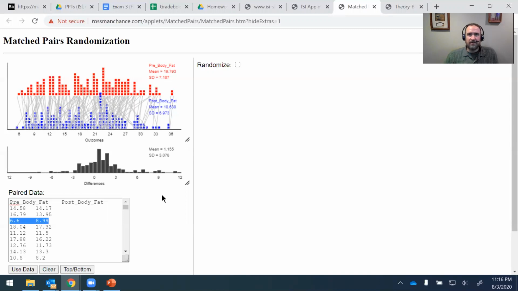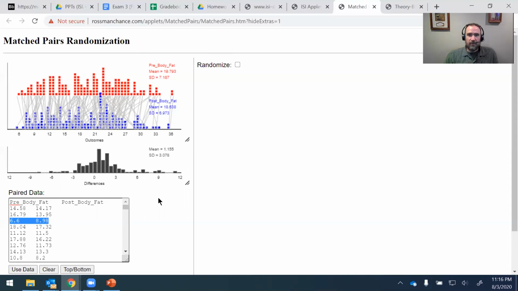And so the key values for us to understand from this applet, why we even go here, is to understand what the mean of the differences is and what the standard deviation of the differences is. Now, we can ask ourselves, is it appropriate to do a theory-based approach, or should we stick with a simulation? We've looked at how to do that before.